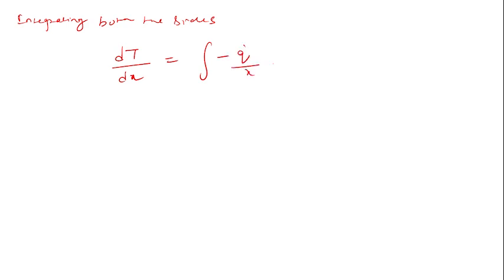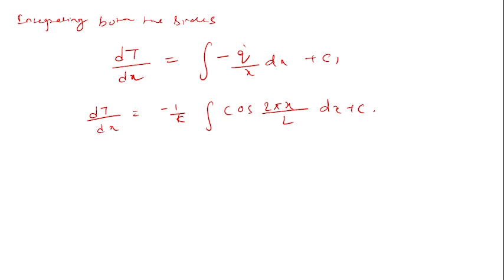Right, let me write it as integrating both the sides. It will be dT by dx is equal to integration of minus q dot by k dx plus C1, or we can put the value for q dot, then it will be minus 1 by k integration of cos 2 pi x divided by L dx plus C1.